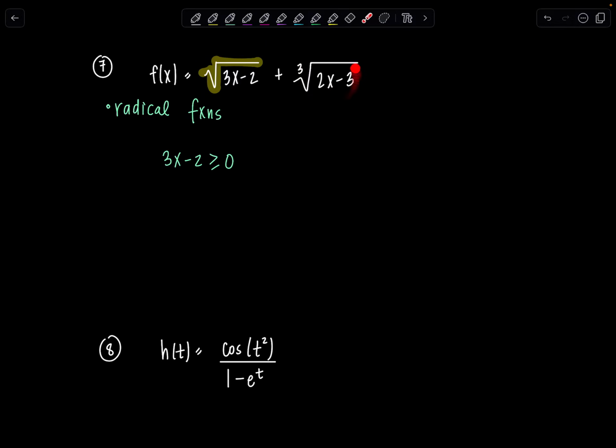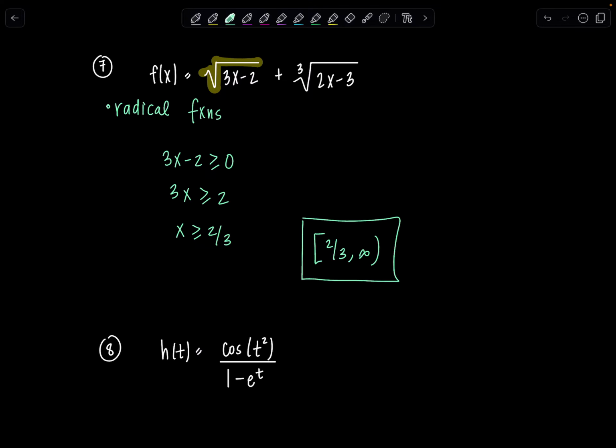I don't even care about the cube root, because that's odd. x can be anything. If this is negative, we have no issue. So just ignore it. That means 3x has to be greater than or equal to 2, so x has to be greater than or equal to 2/3. So that's the domain of this function. That's where it's continuous. In interval notation, it's continuous from 2/3 to infinity.